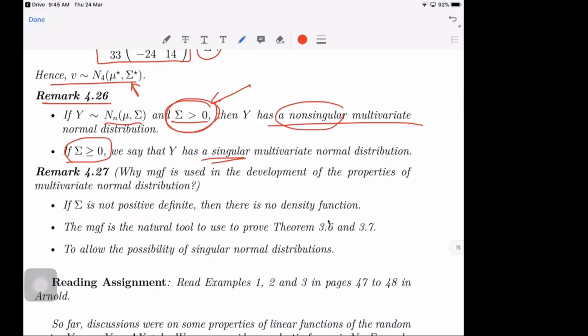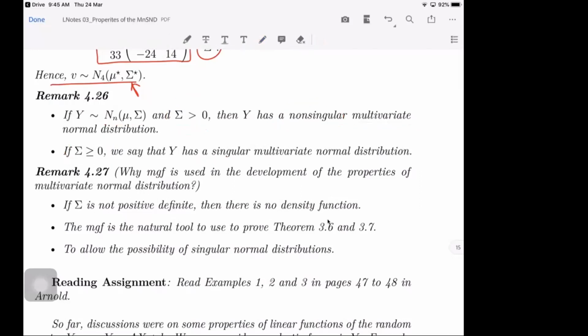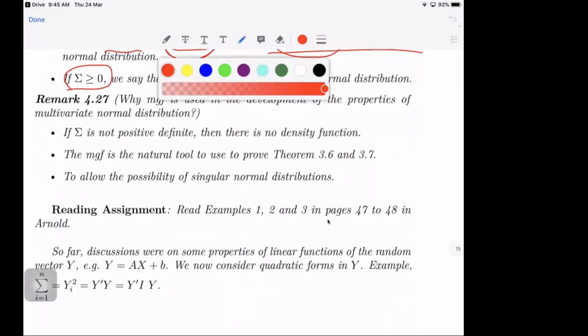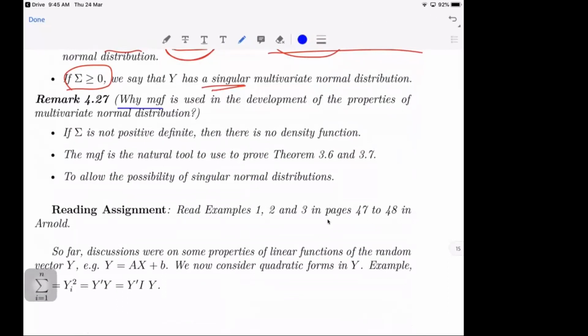So another remark. Why is the moment generating function used in the development of the properties of the multivariate normal distribution? First, we cannot be assured that your sigma is positive definite.